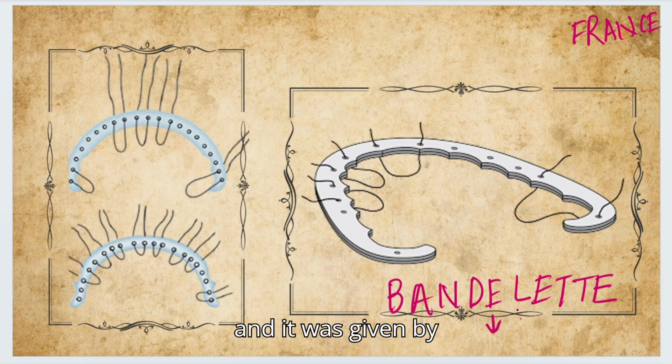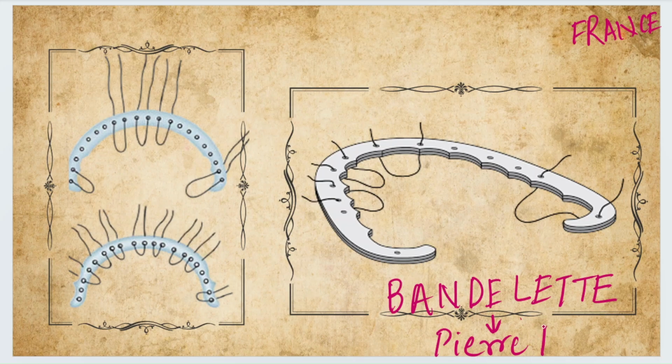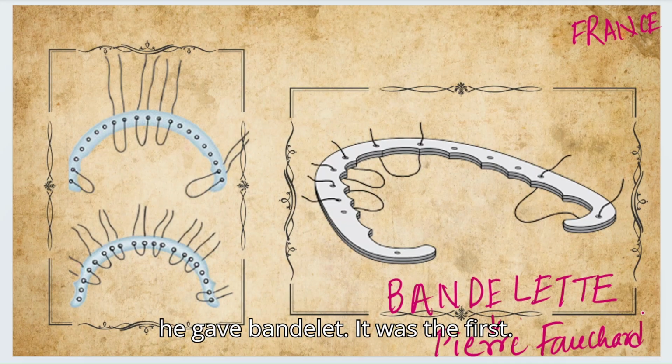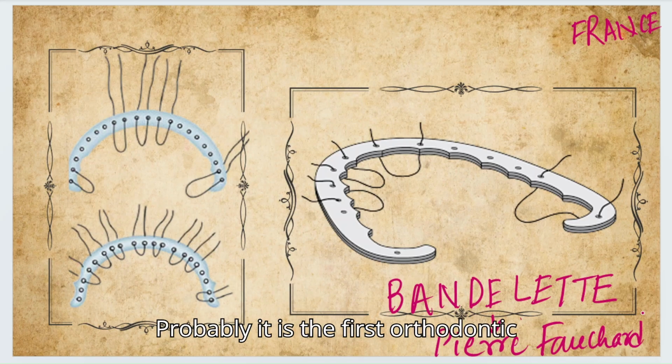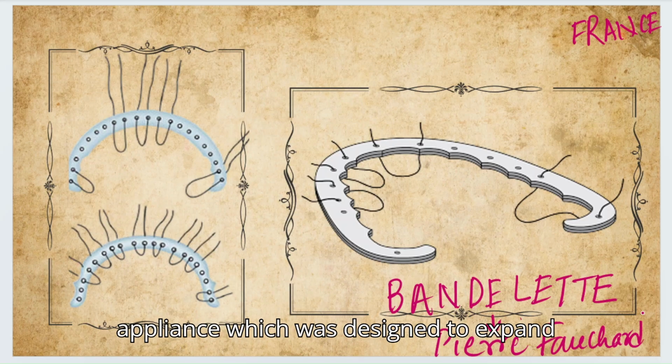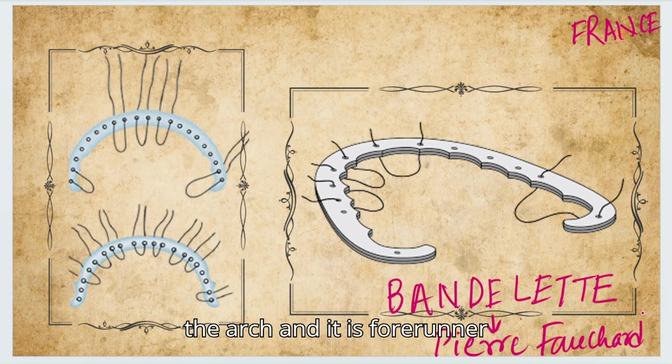And it was given by Pierre Fauchard. Okay, Pierre Fauchard, he gave bandelette. It was, probably, the first orthodontic appliance which was designed to expand the arch, and it is the forerunner of the expansion arch.